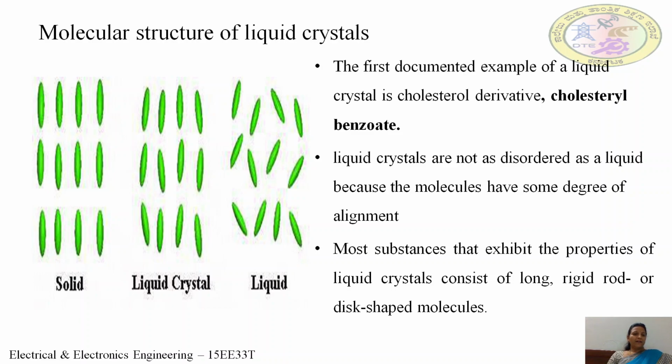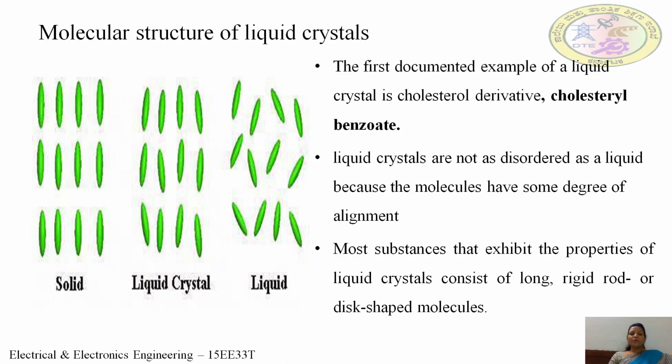As you can see in this picture, this is the molecular arrangement in solid substances, this is the molecular arrangement in liquid crystals, and this is the molecular arrangement of liquid substances. The molecules in solid substances are very well organized and rigid in one particular spot, whereas in liquids the molecules are randomly organized and capable of moving one past the other.